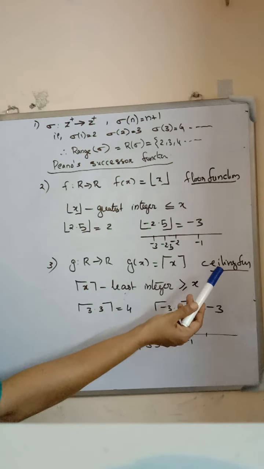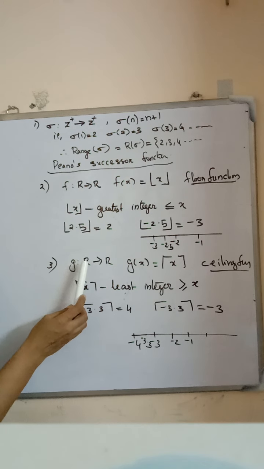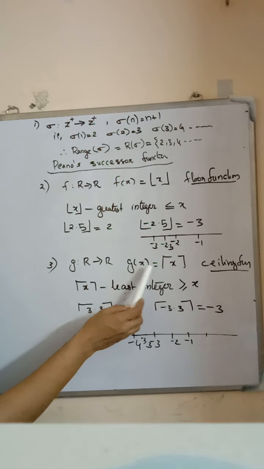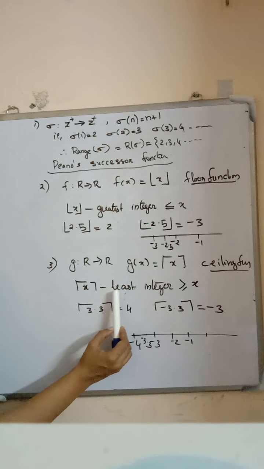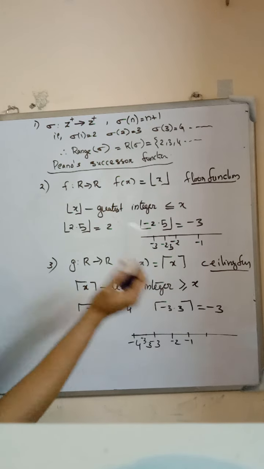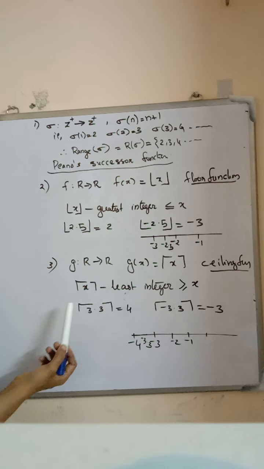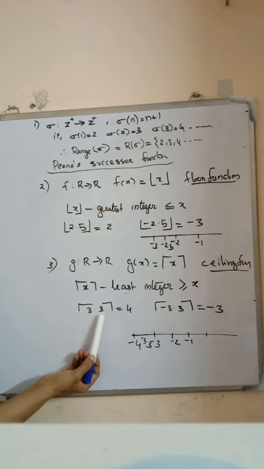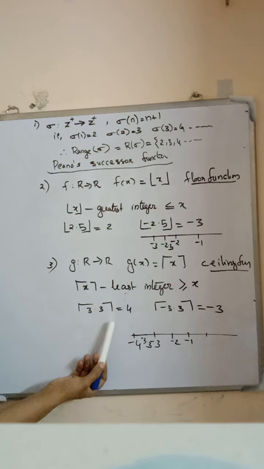Next, the ceiling function or roof function. g is a function from R to R. g of x is equal to the least integer greater than or equal to x. The ceiling function of 3.3: the least integer which is greater than 3.3 is 4.